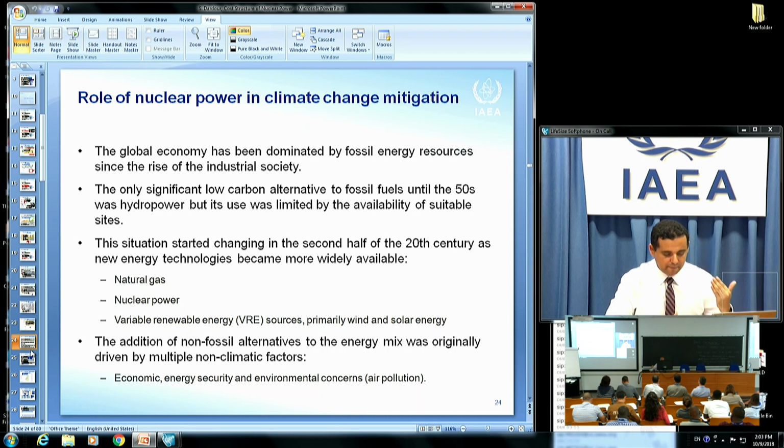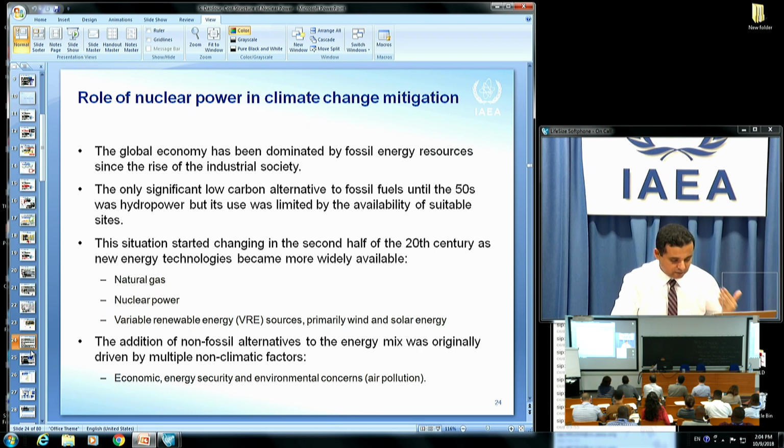So what happened is that thanks to nuclear, thanks to hydropower, a lot of emissions have been avoided during this period.